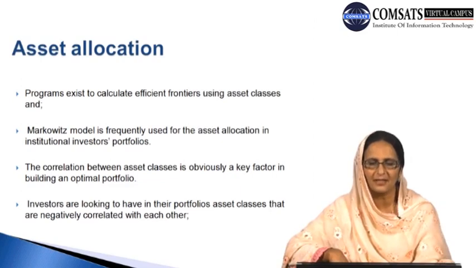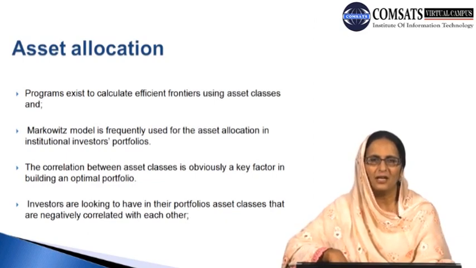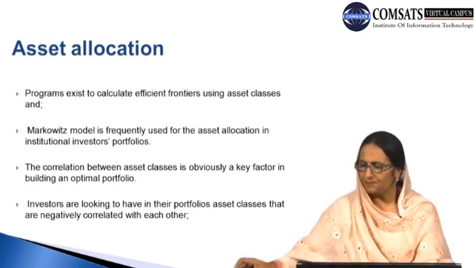The correlation between asset classes is obviously a key factor in building an optimal portfolio, and with the help of the correlation between different classes of assets, we can formulate an optimal portfolio. Investors are looking to have in their portfolio asset classes that are negatively correlated with each other.